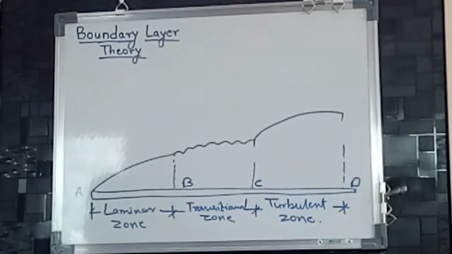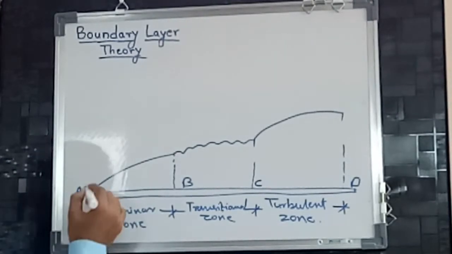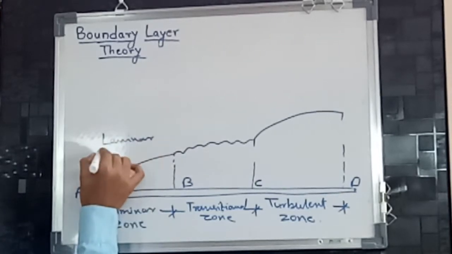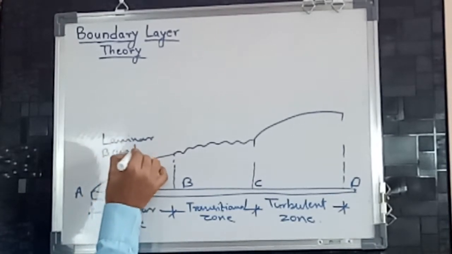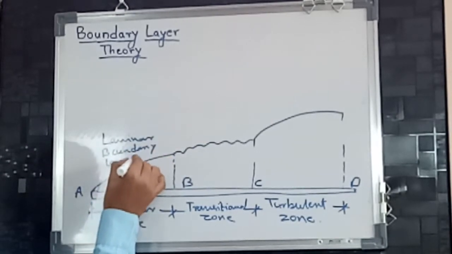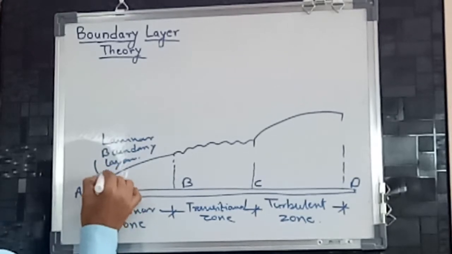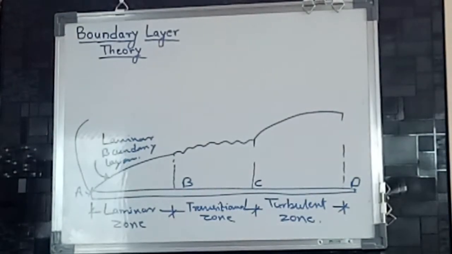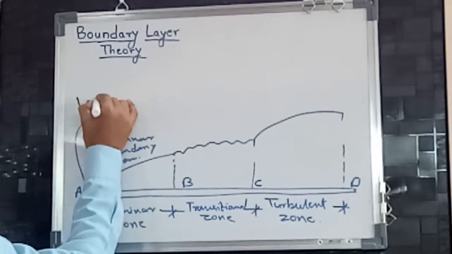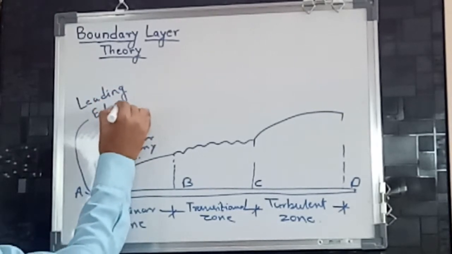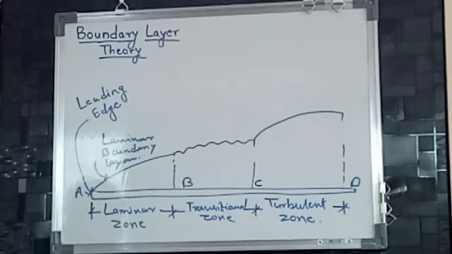Now here, this is the laminar boundary layer. This point is the leading edge.